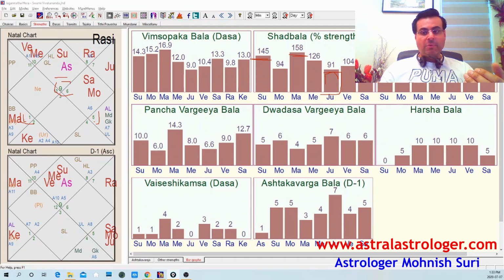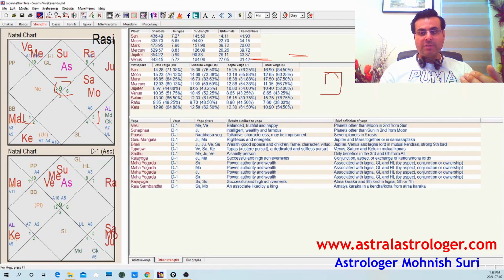And you also see one more thing which I want to highlight is that if you see the yogas, and I know I have not covered the topic of yoga so far, but one of the yogas which I would like to highlight here is his Tapasvi yoga. And how it is happening: Venus, Saturn, and Ketu, they are in the mutual Kona houses. So Kona are the three Kona houses: first house, fifth house, and ninth house.